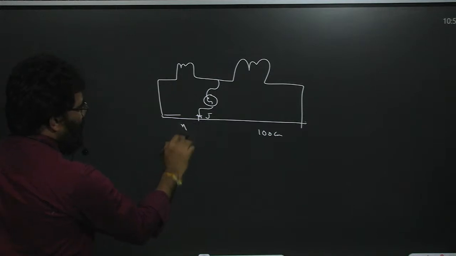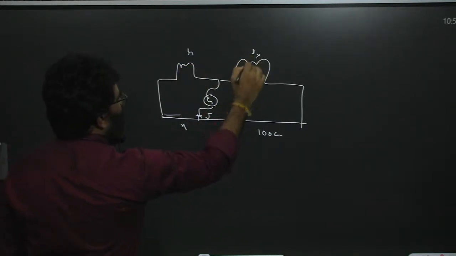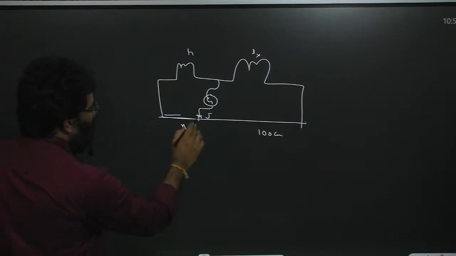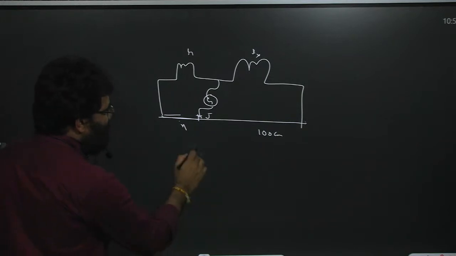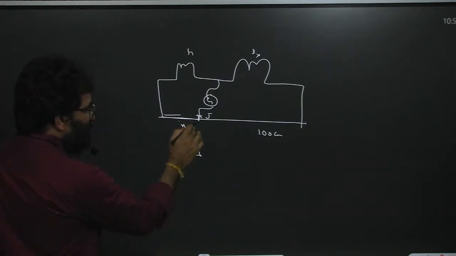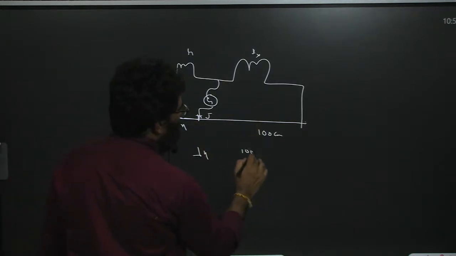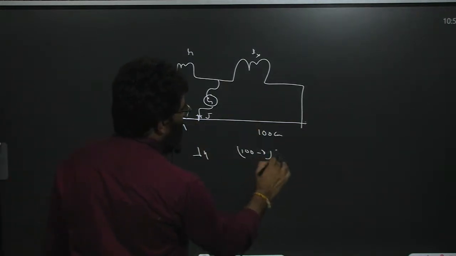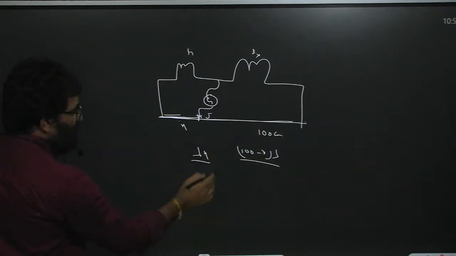At a particular point we get balancing length X. The resistance of this X length is lambda X. The remaining length is 100 minus X, so the resistance of this part is (100 minus X) into lambda. The resistance of this gap is Rx, the unknown resistance.